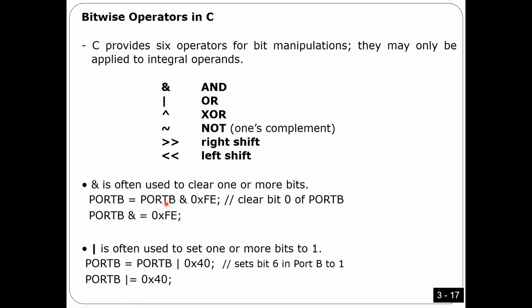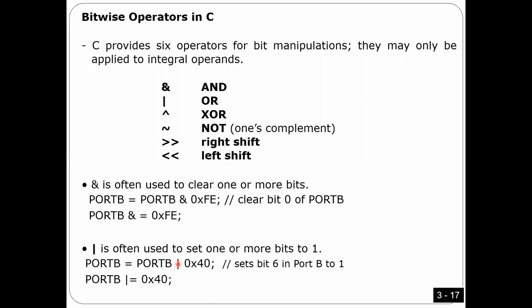That means you do bit by bit bitwise AND operation between two bytes, and the result is stored in Port B. I can also write it this way. This instruction is identical to the first one, just a compact version of it. Whichever you like, they are the same.